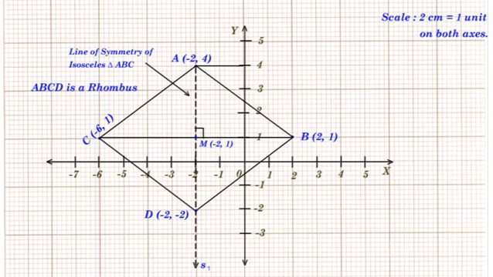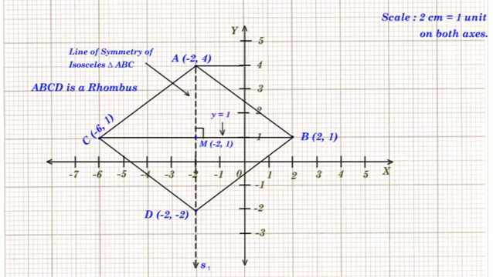Now in the fourth part, we want to write down the equation of BC and also of the line of symmetry obtained in 1, that is the line AD. Line BC is a line parallel to the x-axis and at a distance of 1 unit from it. So the equation of line BC is y = 1.